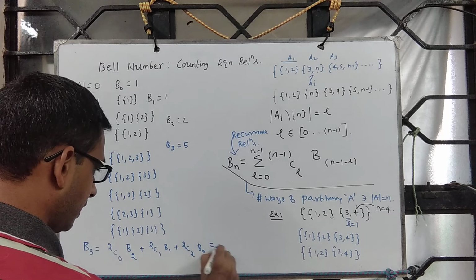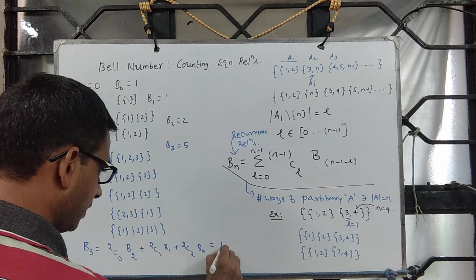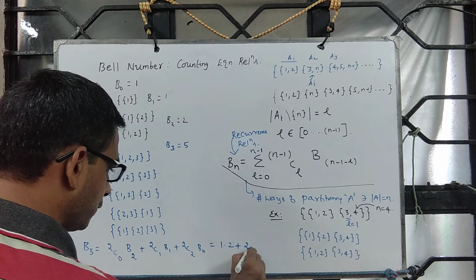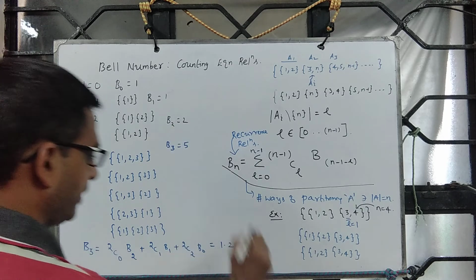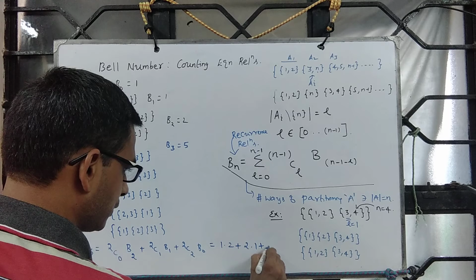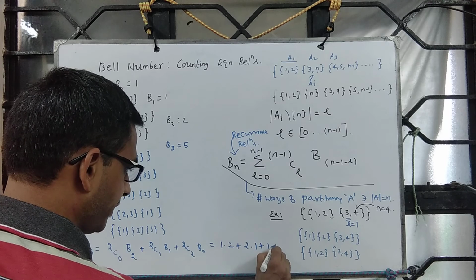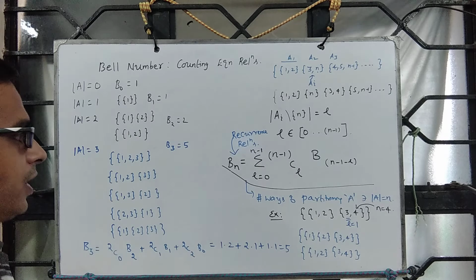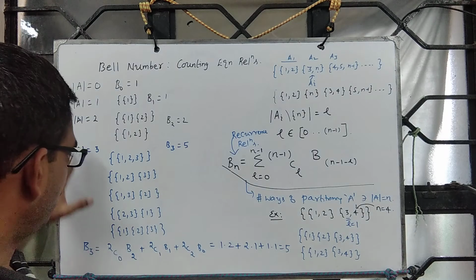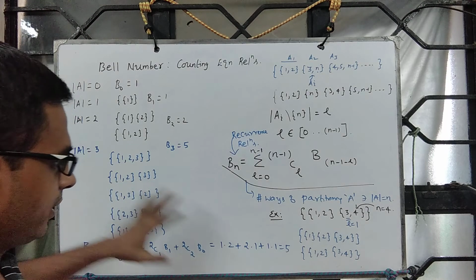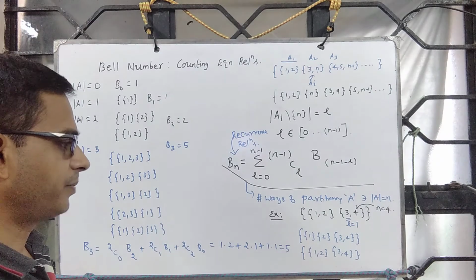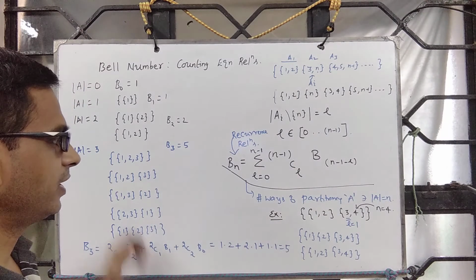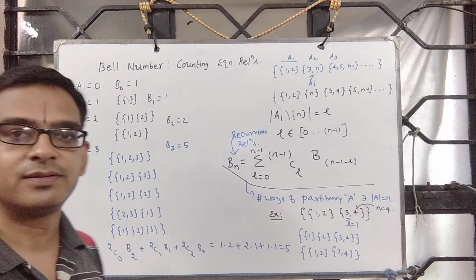Now if you plug in, 2c0 is 1, the value of B2 is 2, 2c1 is 2, the value of B1 is 1, plus 2c2 is 1, the value of B0 is 1, so we get 5. So now when A is 4, you can generate how many different partitions or equivalence relations are possible via this number.